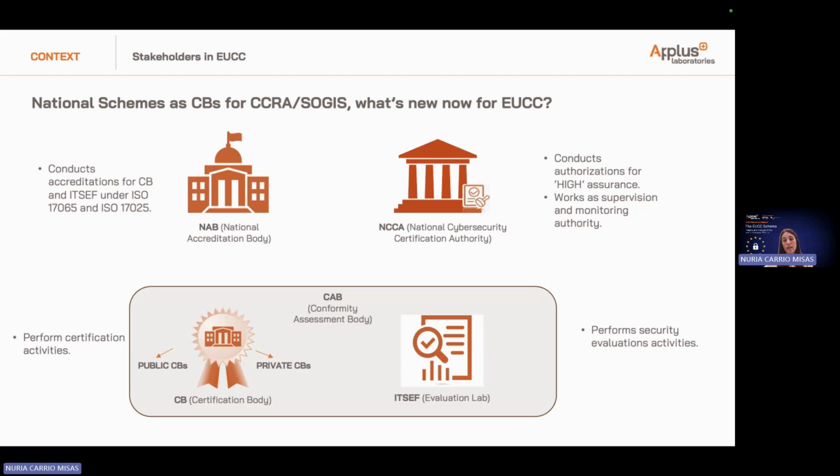So commercial CVs can also act as certification bodies as far as they are accredited according to the requirements of the EUCC and the ISO 17065, okay? The high level of CSA is usually reserved for public CVs, while the substantial level can be performed by the private certification bodies.